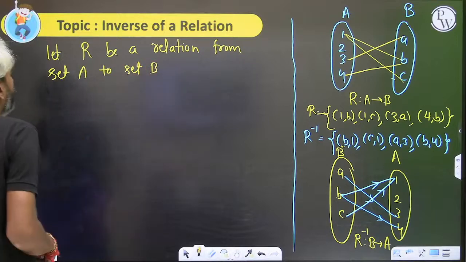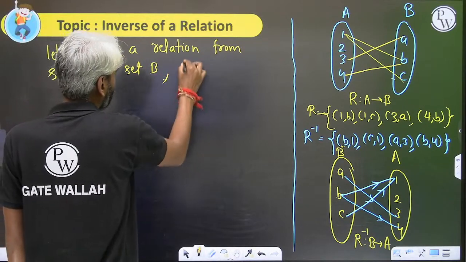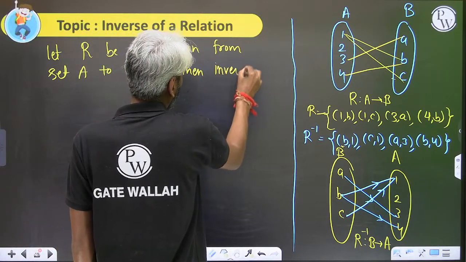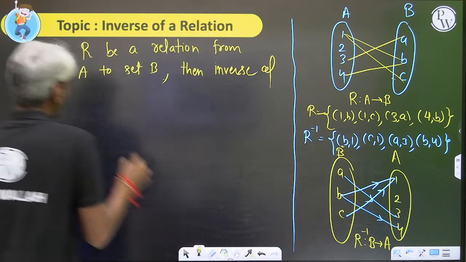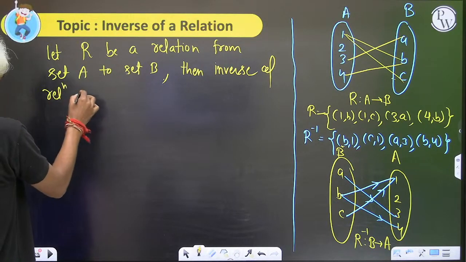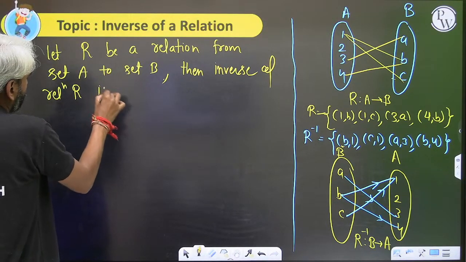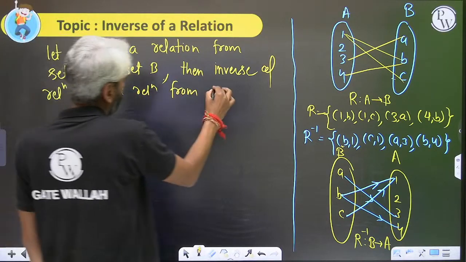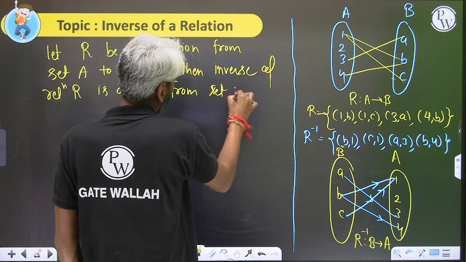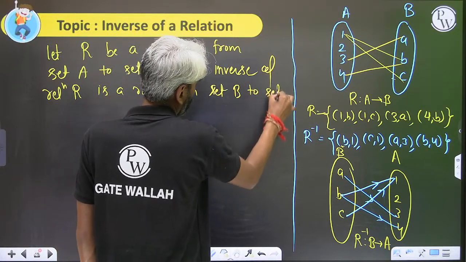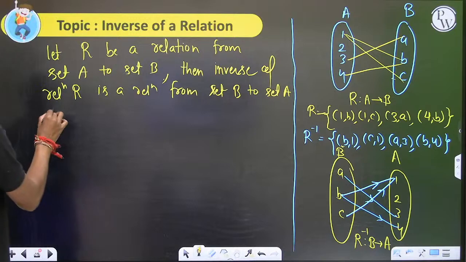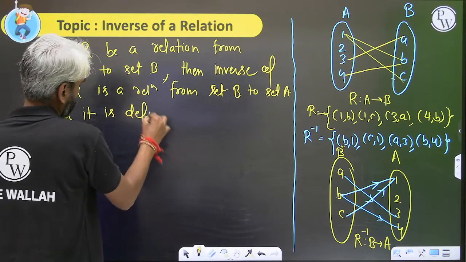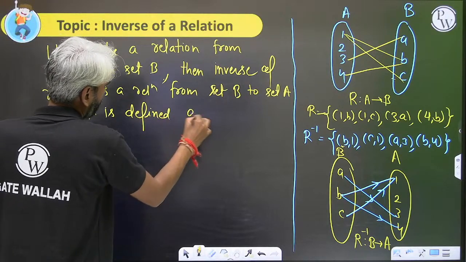Let R be a relation from set A to set B. Then the inverse of relation R is a relation from set B to set A, and it is defined as follows.